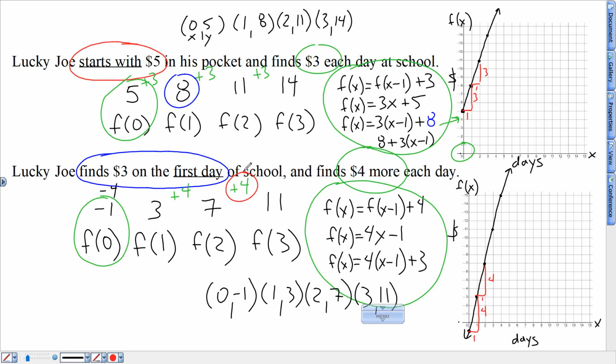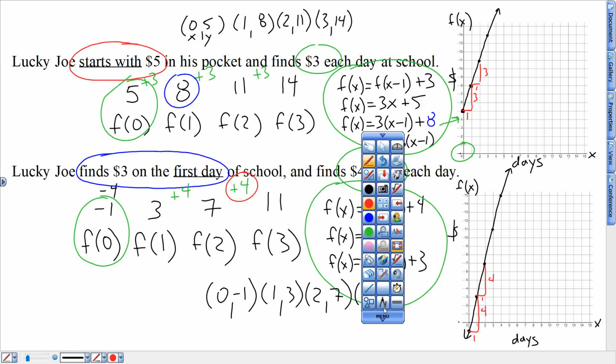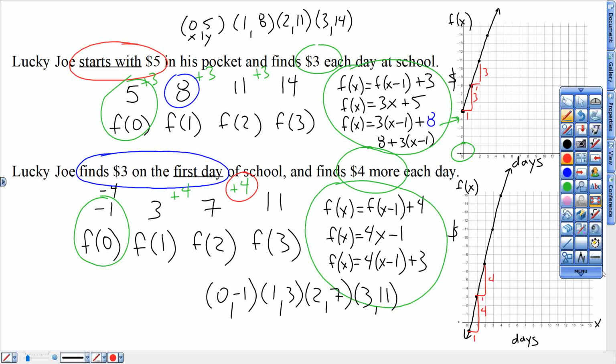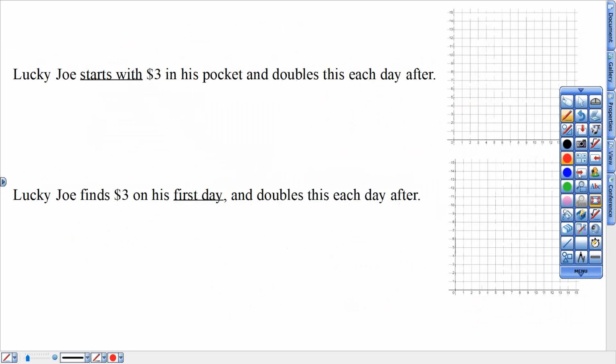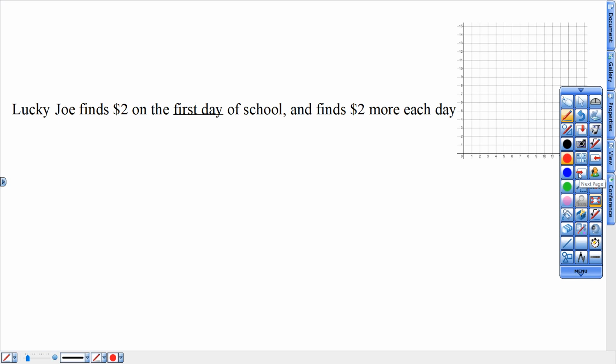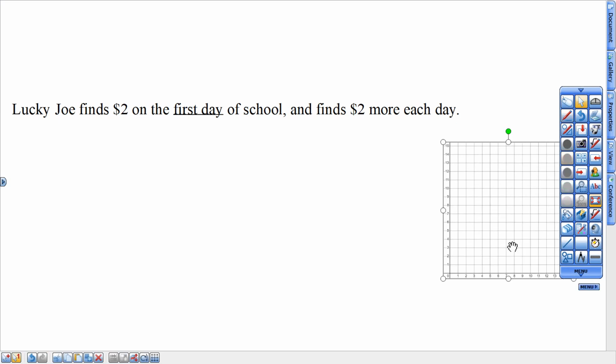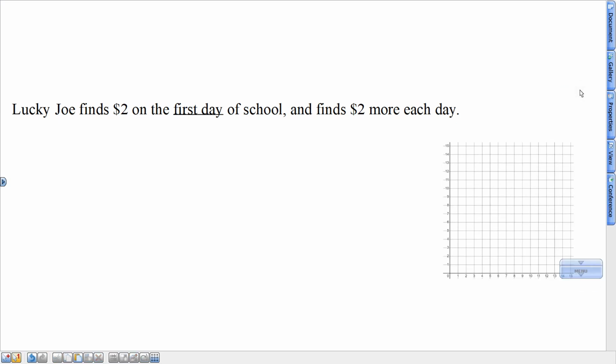All right, what I'd like you to do after looking at those two arithmetic ones where you start with the 0 term, ones where you start with just the first term, knowing how to write those forms, knowing how to graph that data now, I'm going to have you on your own do this one right here. So again, looking at it in terms of what you have. Is it the first day you're starting with, or is it starting with money in your pocket already?